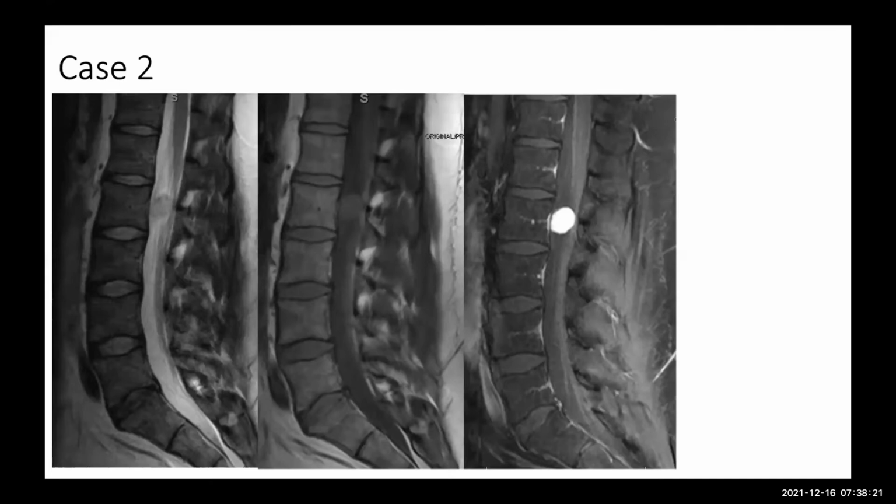Some contact with the cord. And it's enhancing, right? Yep, homogeneously enhancing. Yeah, very nodular. Looks probably benign in terms of features. It's not invading things around necessarily. You got the level right.